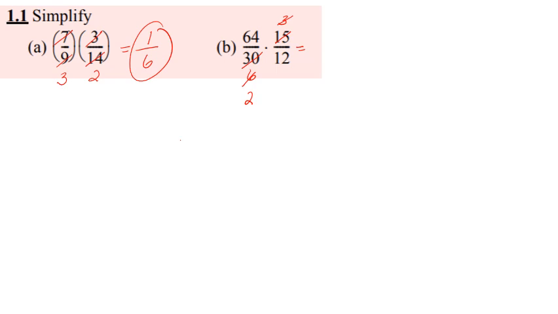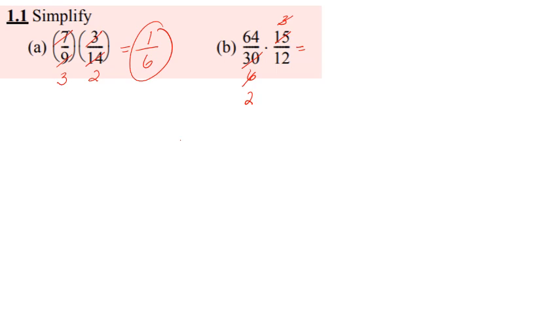So I wanted to show a scenario where when you reduce, you might need to reduce again. So personally, I do reduce by largest numbers when I can think about it. In this case, I would have definitely reduced by 15 to still get the 1 and 2. But I know not everyone thinks of the highest numbers, so please, after you reduce once, just do a quick check if you can reduce again.